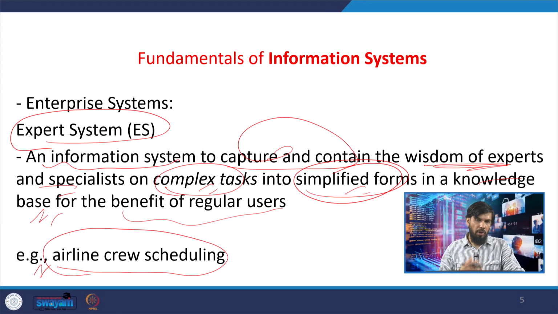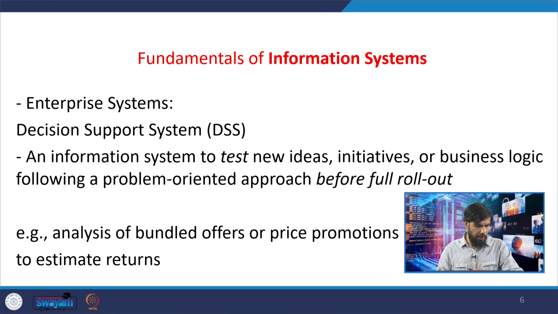So scheduling also becomes a complex task, right. So an expert system can be designed where the knowledge of people who have been doing this and figured it out can be simplified for the benefit of new managers, new people who would be responsible for the same task. So this is the job of expert system.